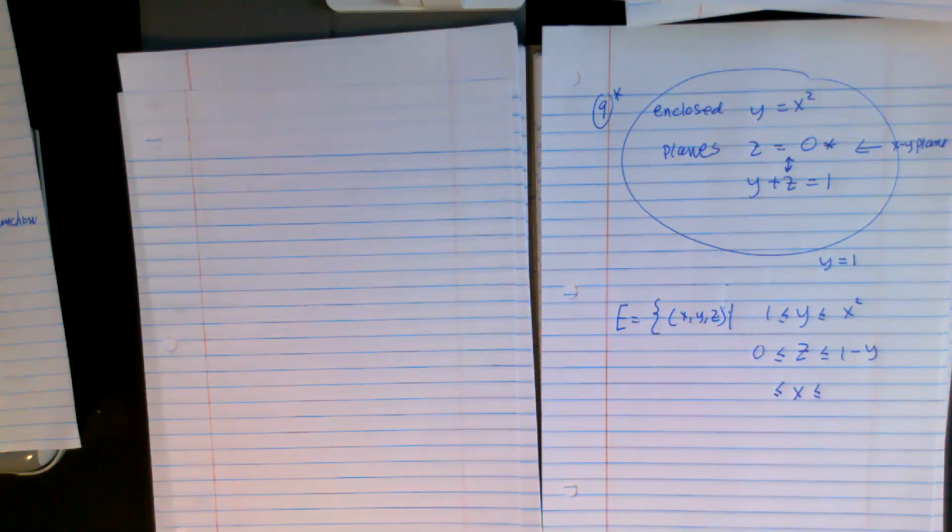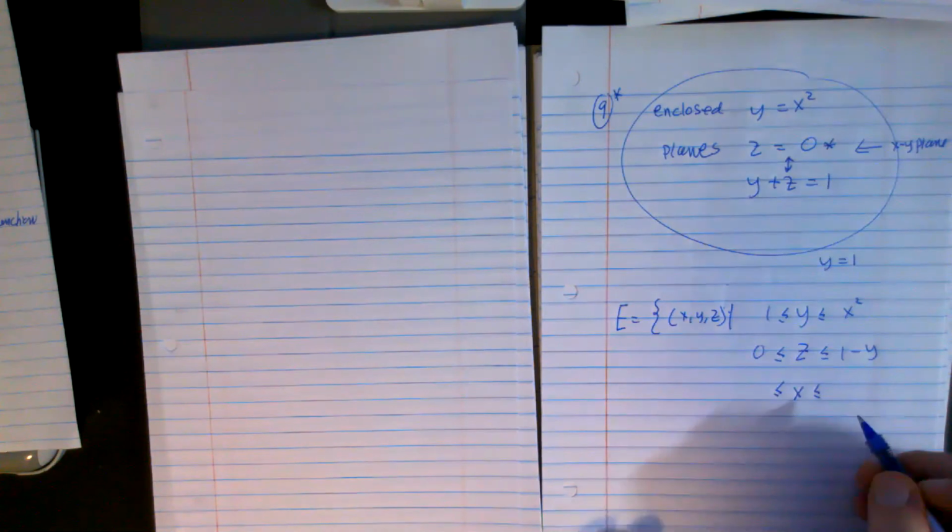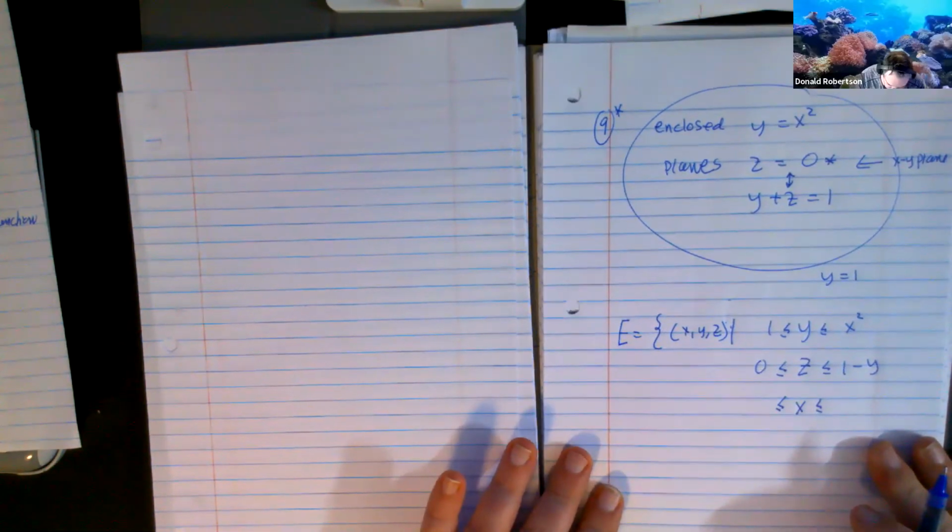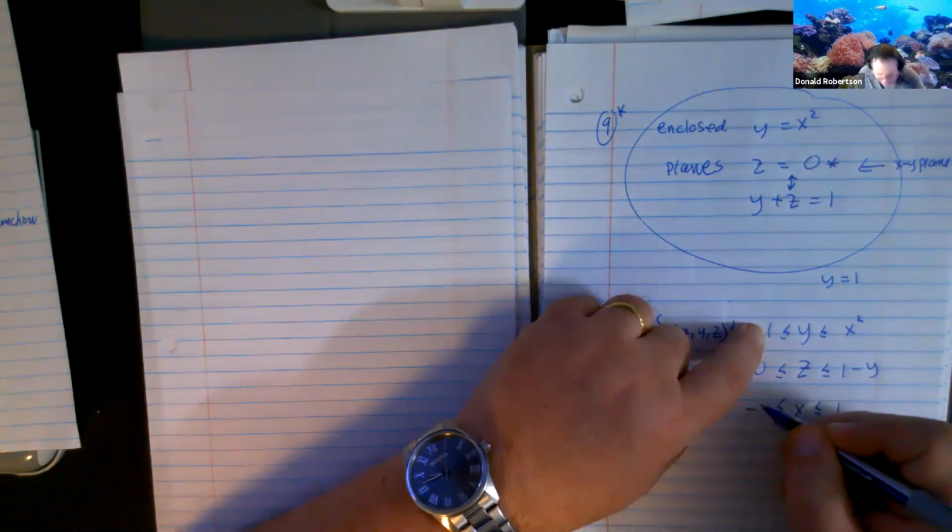What does x look like? One of them would be square root of y. Okay. And on this side, you get 1, and this side you get -1.